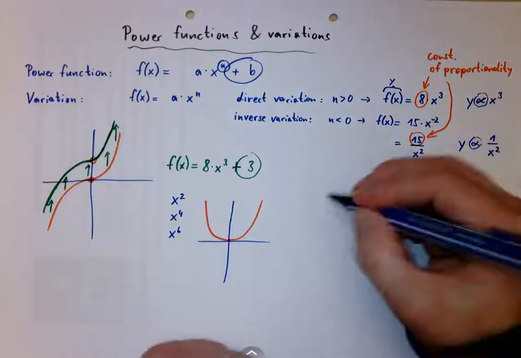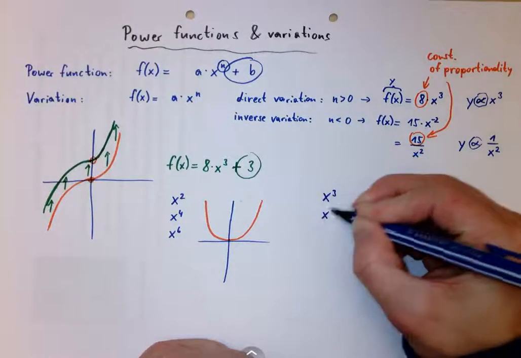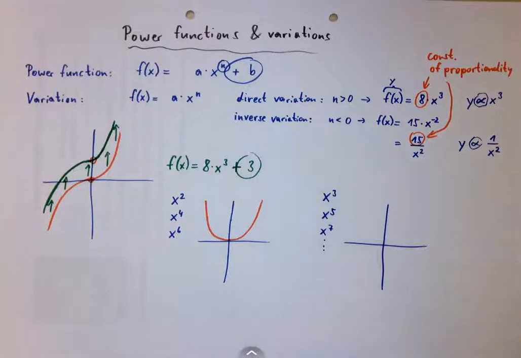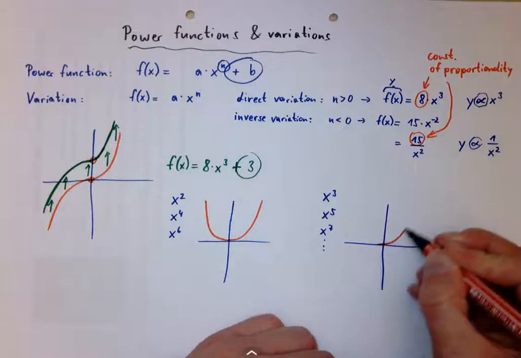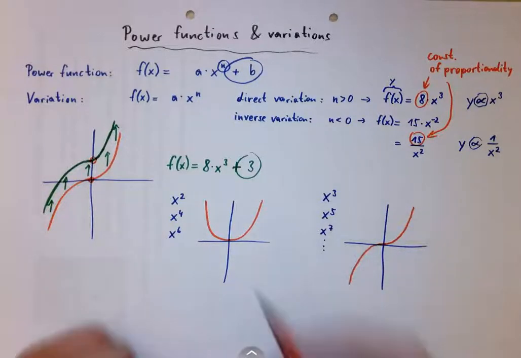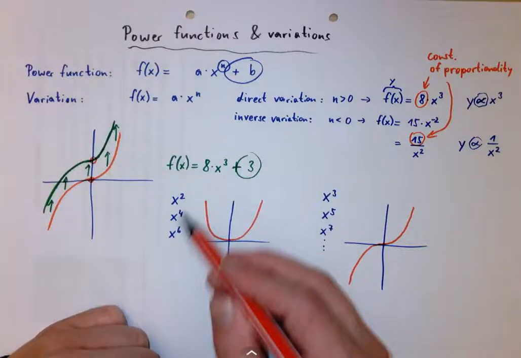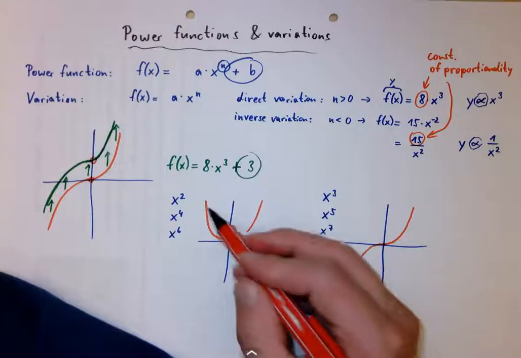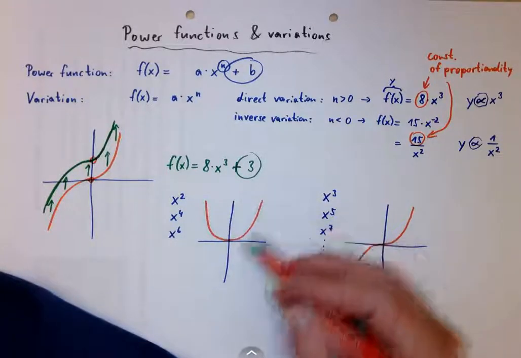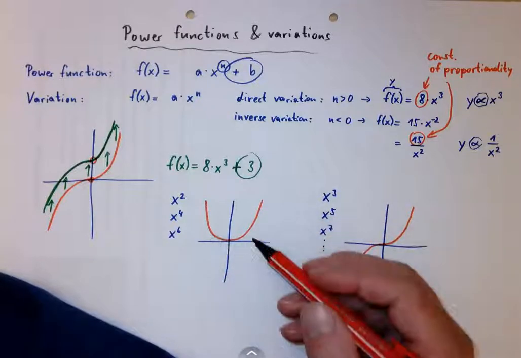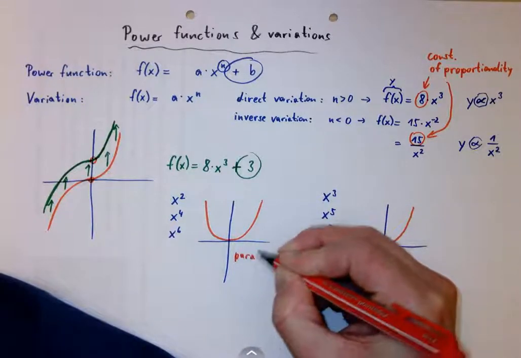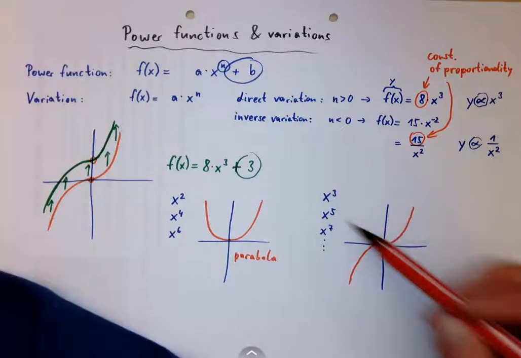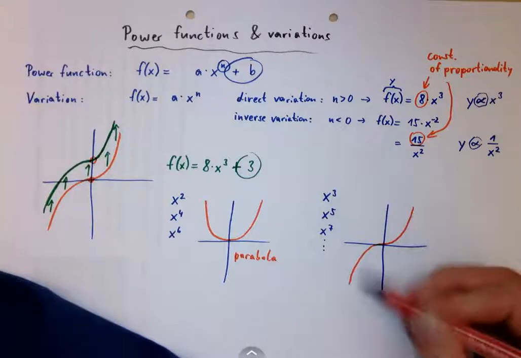On the other hand, if you have x to the power 3 or 5 or 7 and so on, they would always look like this. So these even exponents generate a kind of generalized parabola, and the odd exponents generate an S-like shape.